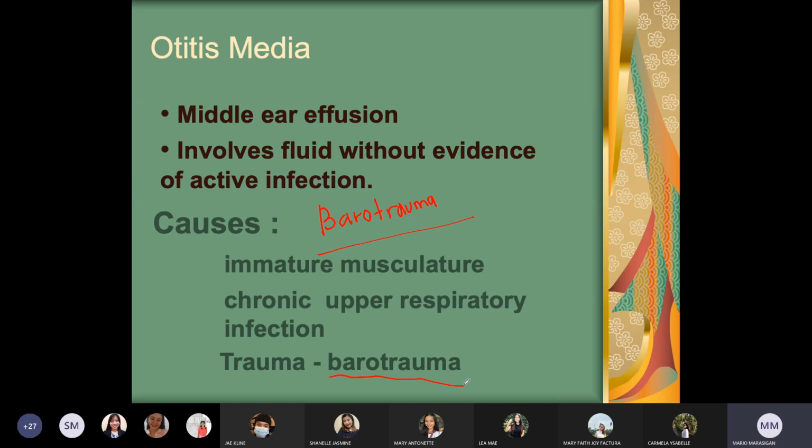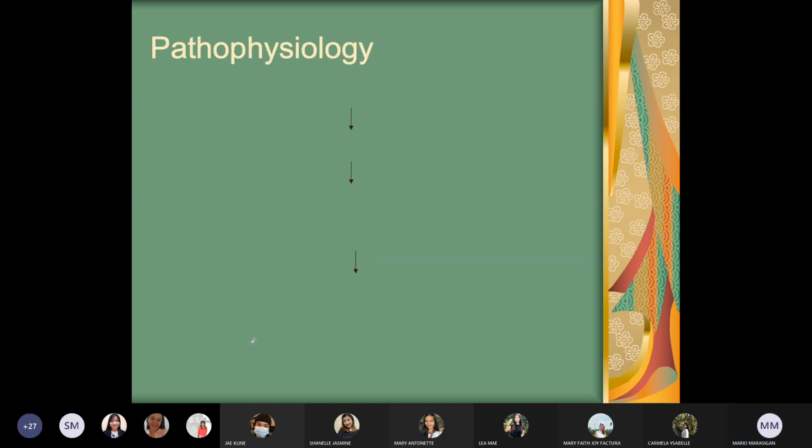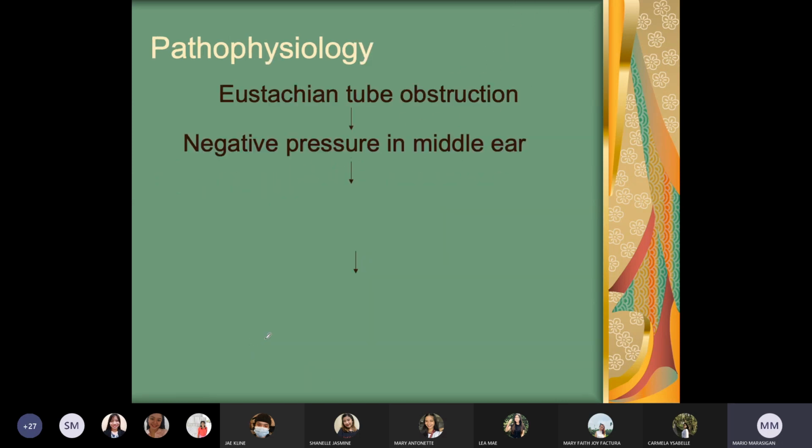Oh, this is one, the barotrauma. So for the pathophysiology, we know that the eustachian tube is connected on your middle ear. Okay. Once it is obstructed, then the negative pressure in the middle ear will increase. And the fluid in the middle ear will be absorbed by the membrane, forming exudate.